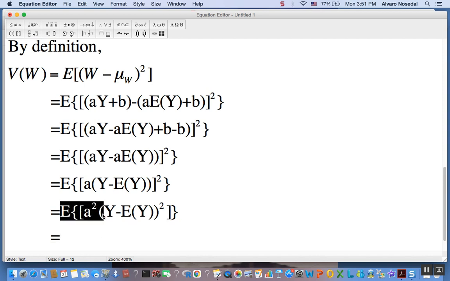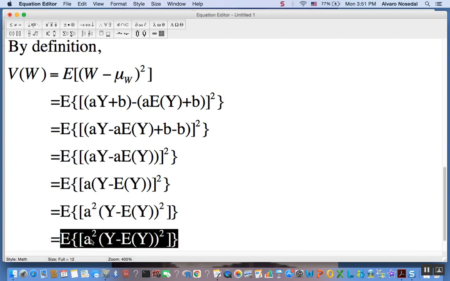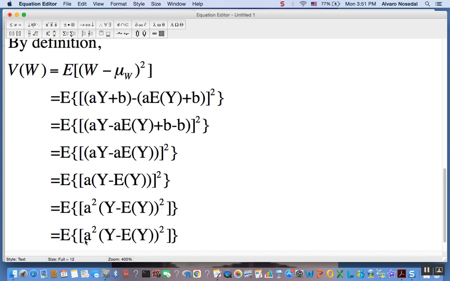So let me rewrite this as just a square times the expected value of y minus its expected value, the whole thing square, right?